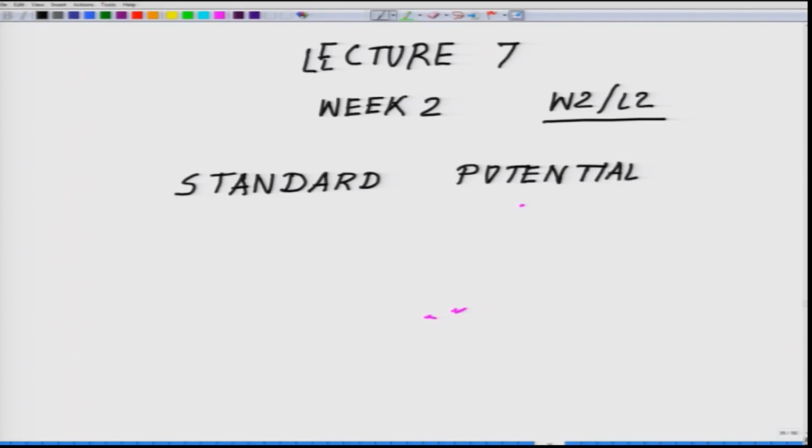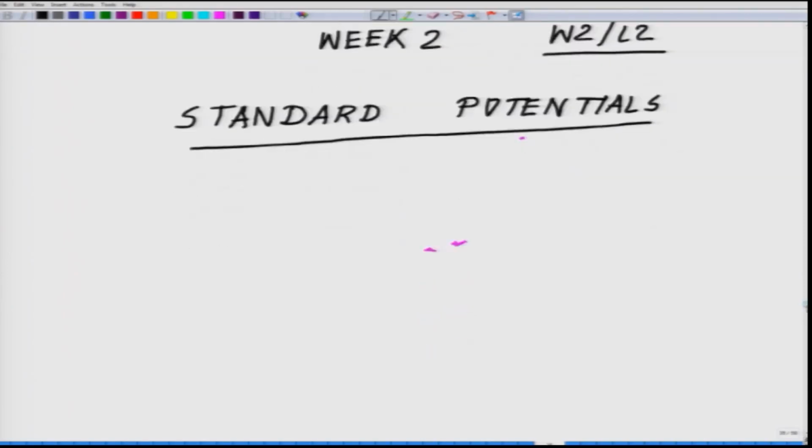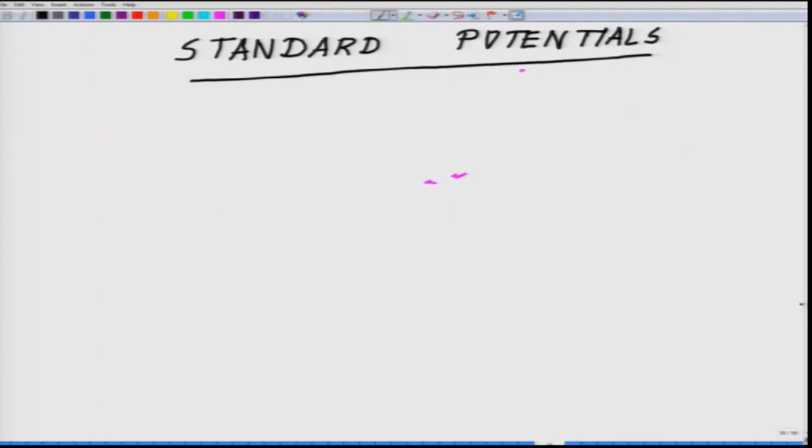Before we get into the standard potentials, let's recollect where we ended up in the last class. If you remember, in the last class we had this cadmium and silver electrode.